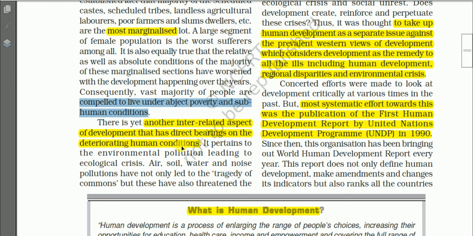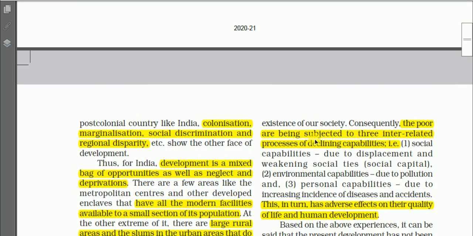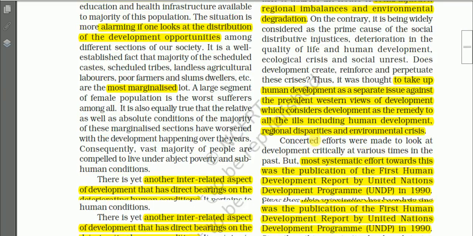Yet there is another interrelated aspect of development that has direct bearings on the deteriorating human conditions. It relates to environmental pollution leading to ecological crisis. Air, soil, water, and noise pollution have not only led to the tragedy of the commons, but have also threatened the existence of our society.